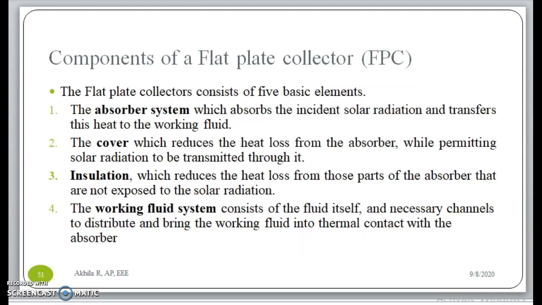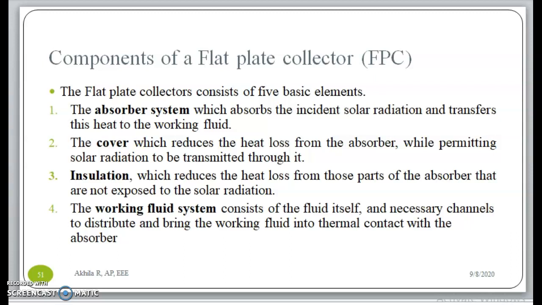So let's see the components of a flat plate collector. Basically there are 5 elements. First is the absorber system, which absorbs the incident solar radiation and transfers it to the working fluid. The cover reduces the heat losses from the absorber and also permits the solar radiation to be transmitted through it.